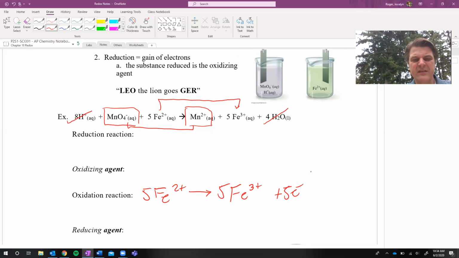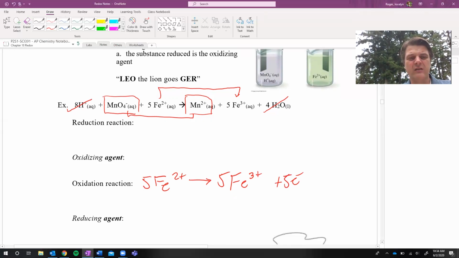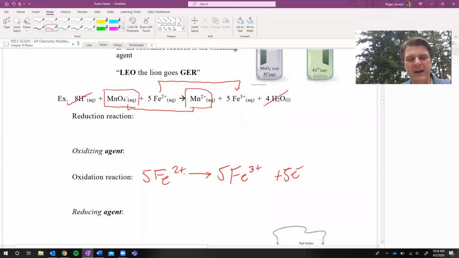Since this is the oxidation half reaction, the iron 2 plus is being oxidized. Another way of looking at it is, if it's being oxidized, it causes the reduction of the other one. The substance that's being oxidized is the substance that loses the electron, which causes the other substance to gain electrons.